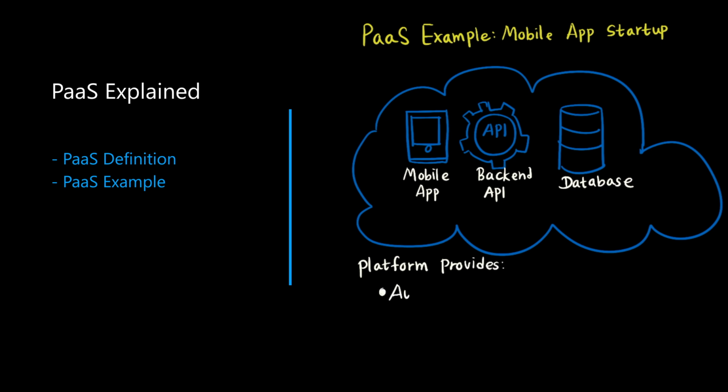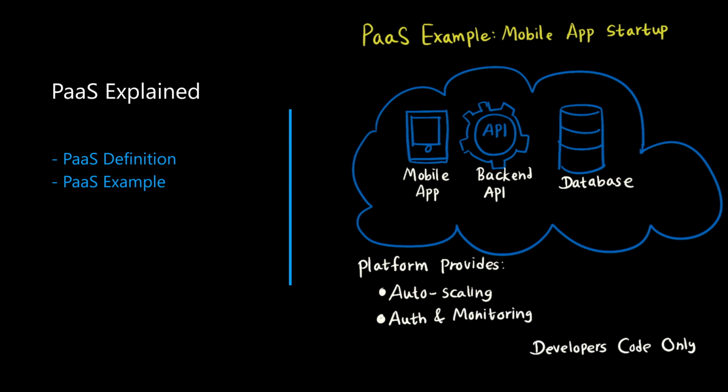The developers simply write their application code, define their database schema, and deploy. The platform handles everything else, including automatic scaling during traffic spikes, operating system updates, and security patches. This allows the startup to focus on what differentiates their business, their unique application logic, rather than infrastructure management.